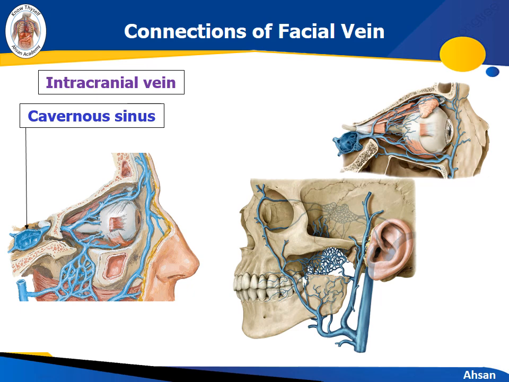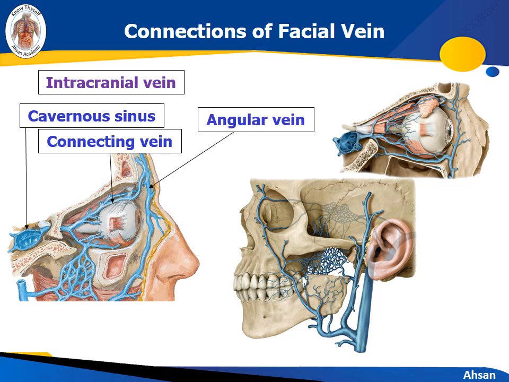Within the skull, in the center, there is a venous sinus, the cavernous sinus, and this cavernous sinus has communication within the cranial cavity with various sinuses. The facial vein is connected to this cavernous sinus by some connecting veins. Superiorly, a connecting vein connects the angular vein with the cavernous sinus.